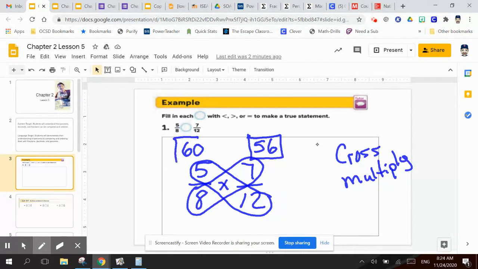What do I know about 56 and 60? Well, I know that 60 is greater than 56. So with that being said, I know that 5/8 is greater than 7/12. All I have to do is cross multiply.